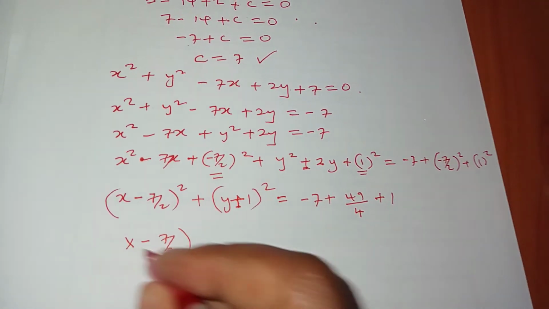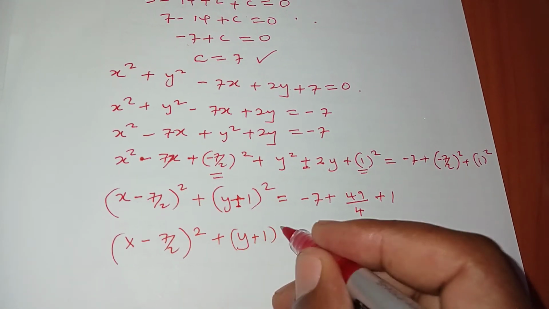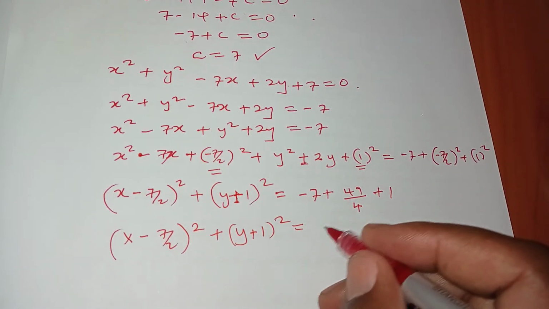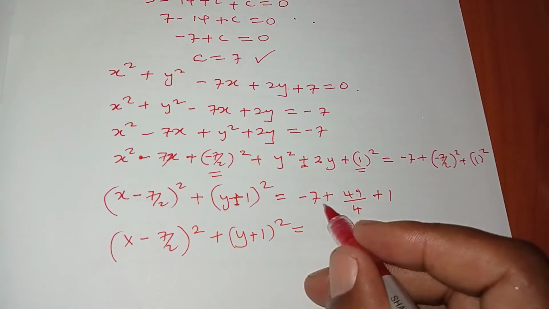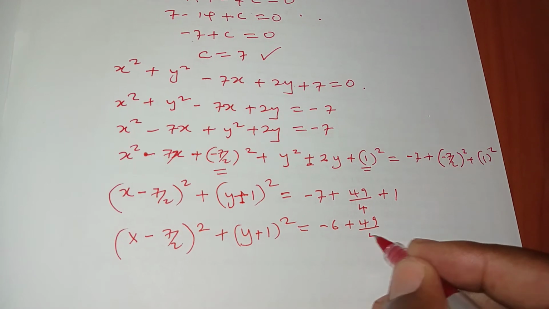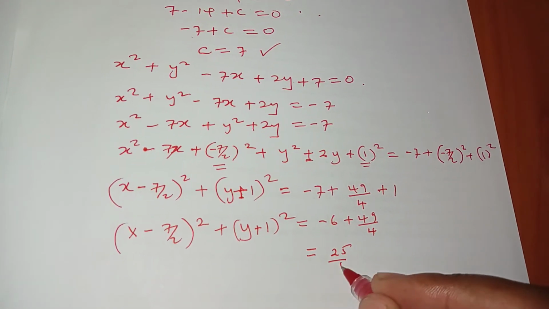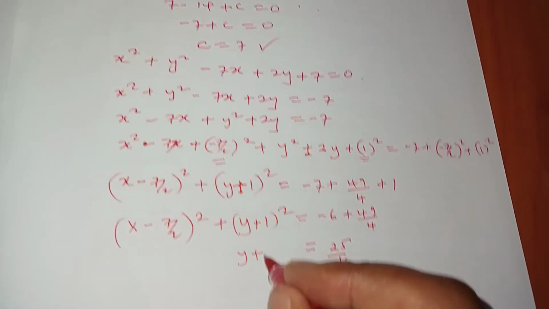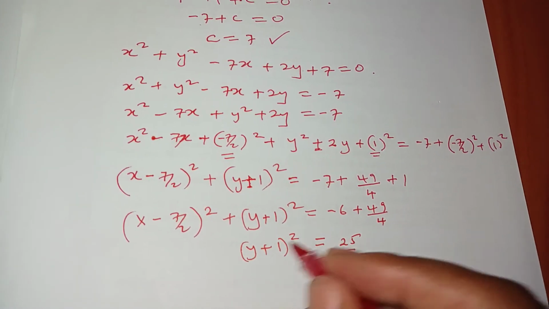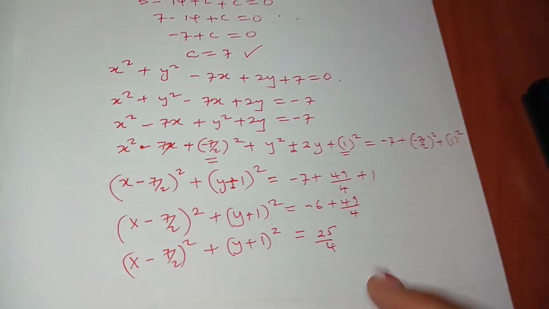When you add this you get minus 6 plus 49 over 4, and this is like 25 over 4, (y plus 1) quantity squared plus (x minus 7 over 2) squared.